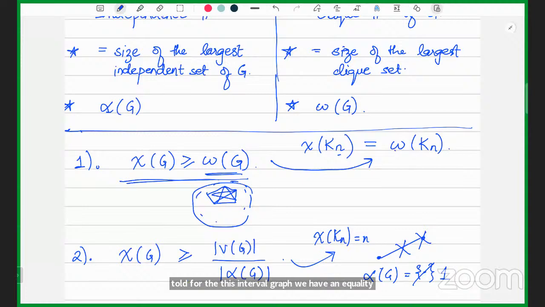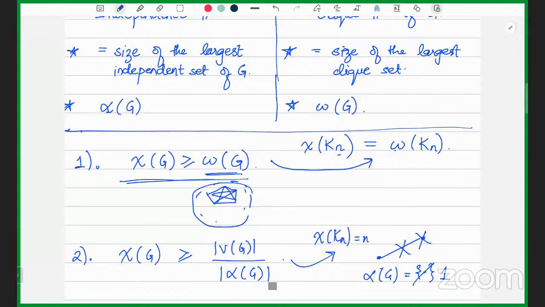Now I'm asking, as per Brooks' theorem, we have the chromatic number of G equal to 1 plus the maximum degree for certain graphs. You're asking if there is a characterization for equality of this bound, or for the second bound? The second bound is hardly used.